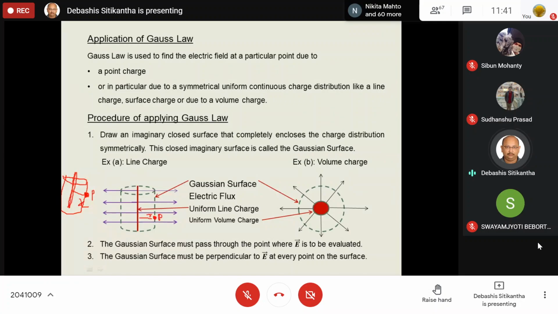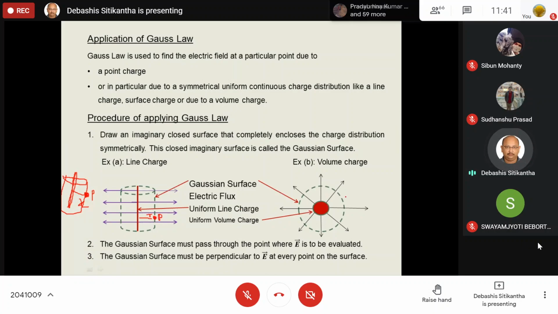What I have to do is draw a Gaussian surface in such a way that, number one, it must enclose the straight line symmetrically, and number two, it must pass through the point where I want to evaluate the electric field. If you understand these two steps, then everything is going to be very easy for you.